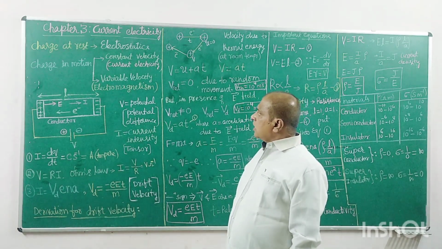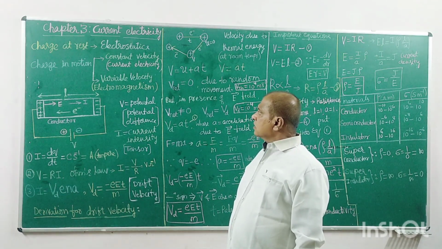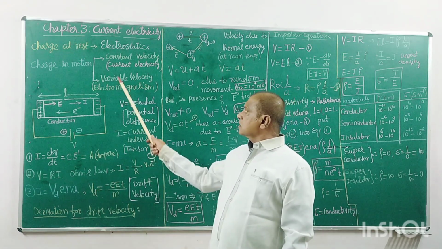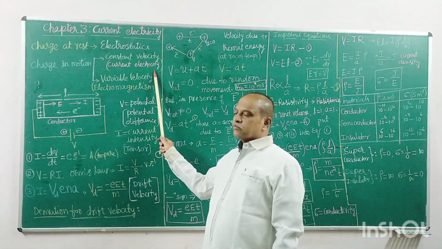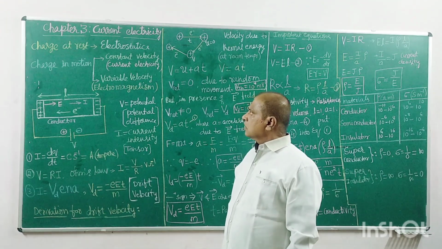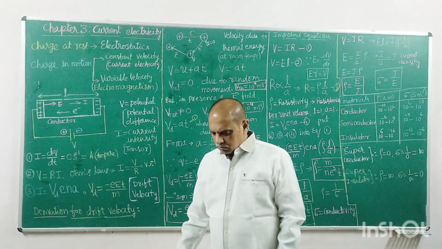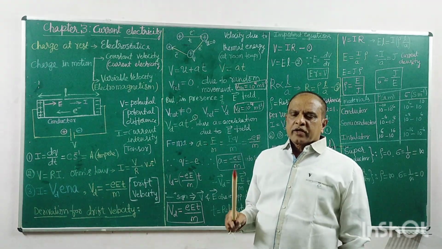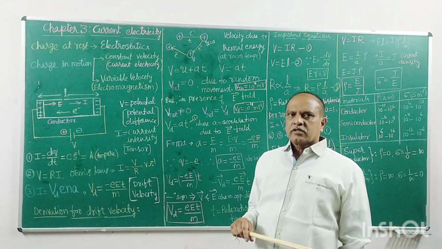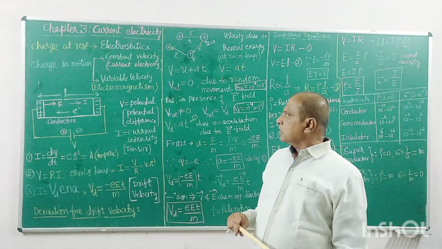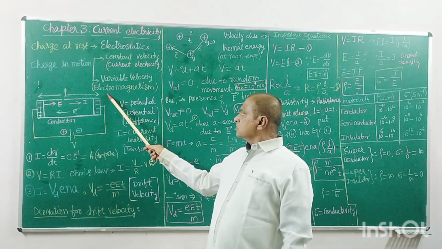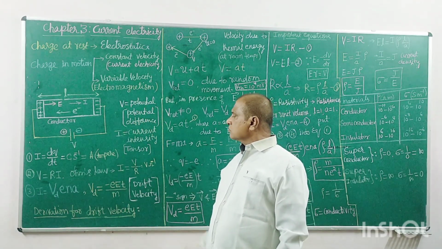When the charge has constant velocity, the study is known as current electricity. When the charge has variable velocity, a change in magnitude or a change in direction, the study is known as electromagnetism.